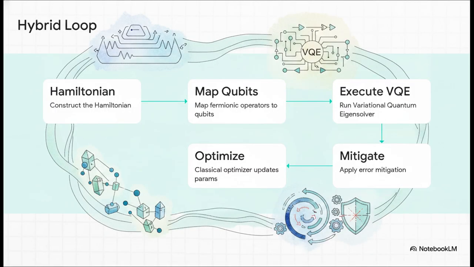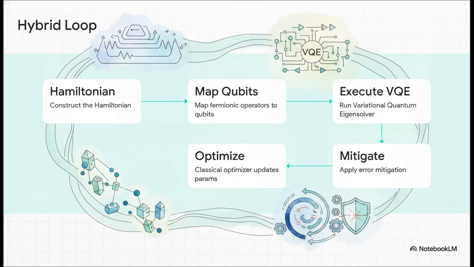But what's truly fascinating is the actual engineering pipeline required to run these near-term experiments. You don't just hit a button and solve the chemistry problem. You have to construct the Hamiltonian, map those fermionic operators over to your qubits, execute a variational quantum eigensolver, apply error mitigation, and then let a classical optimizer update the parameters.